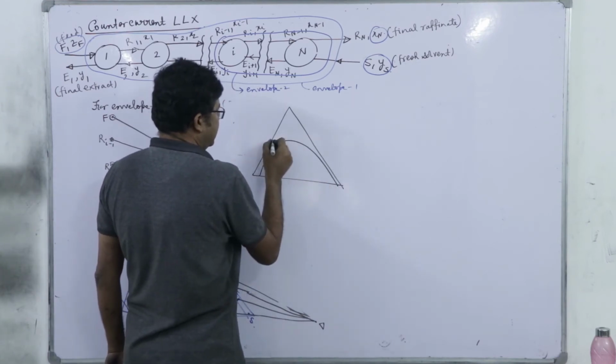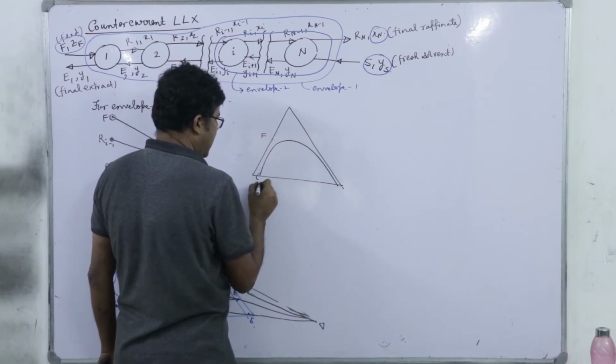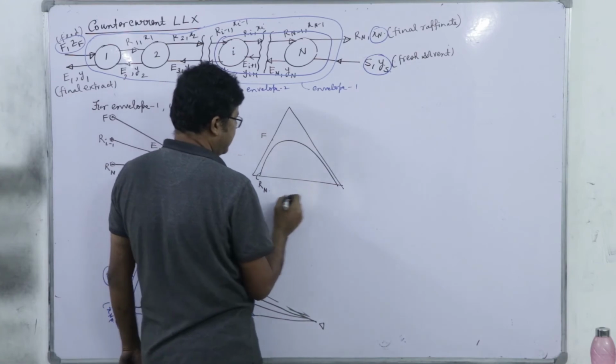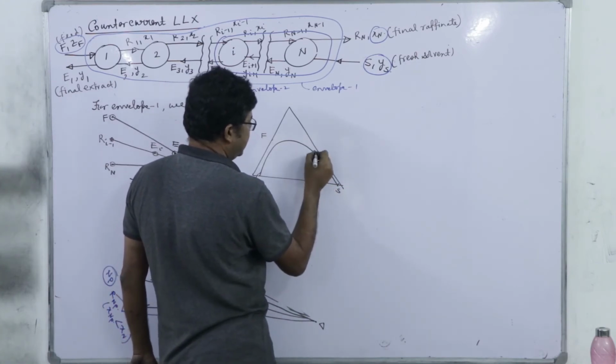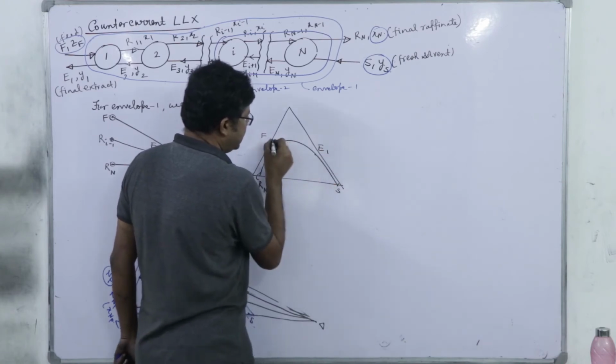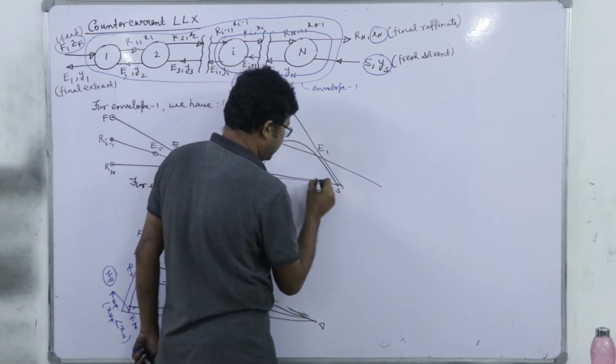Next, we will locate F, R_N, or R_N P, S, and point E1. Draw or locate the delta point.